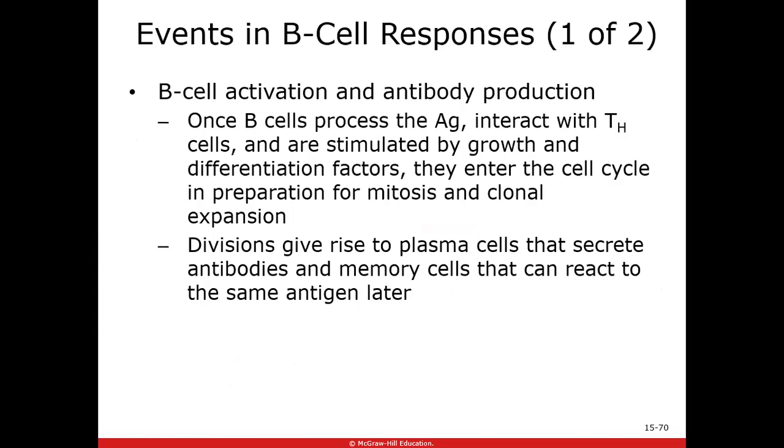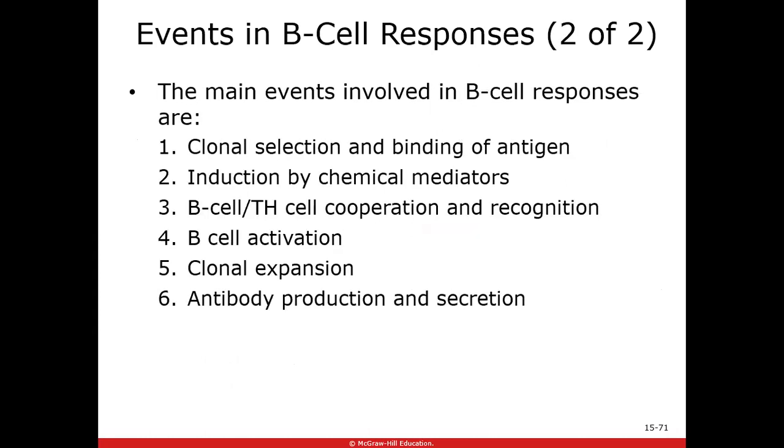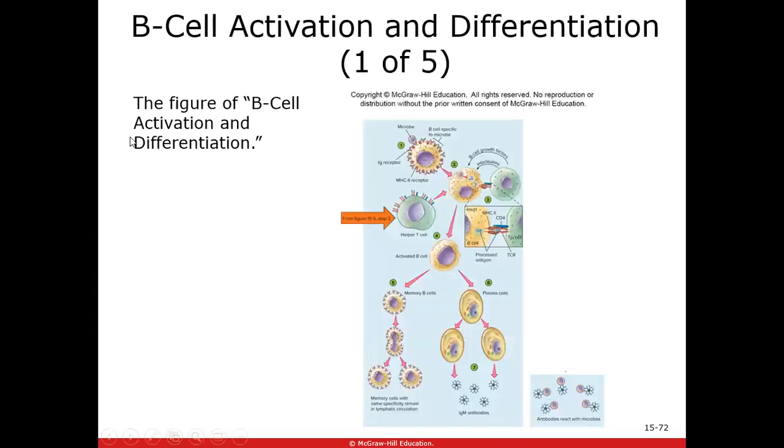Then we've talked about the B cell responses, B cell activation, and antibody production. Divisions give rise to plasma cells that secrete antibodies and memory cells that can react to the same antigen later. We'll go through that when we see it. There we go. This is that same figure, or close to it, saying that you have an antigen that gets presented on an antigen presenting cell.